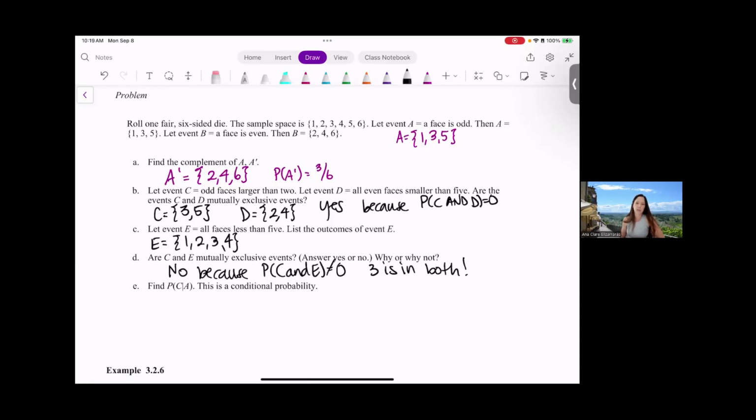Now, finding the probability of C given A, which is a conditional probability. And the way that we calculate this, if you recall the formula, the probability of C given A is found by taking the probability of C and A and dividing that by the overall probability of A. We need to calculate some probabilities here. C and A, let's list those events first.